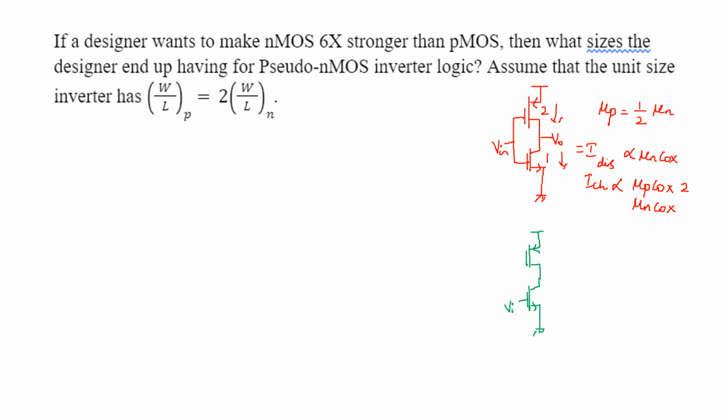This is Vin, this is ground, and this is Vout. Since mu P is equal to half mu N, if W by L of this NMOS is X, then we have to make the W by L of this PMOS equal to X by 3, so that the current through the NMOS is 6 times the current through the PMOS. This is because mu P is equal to half mu N.